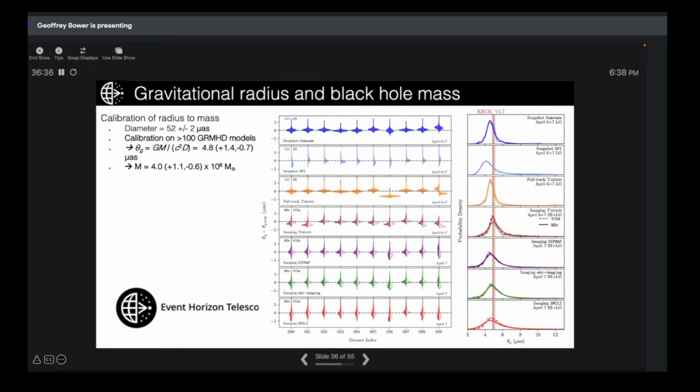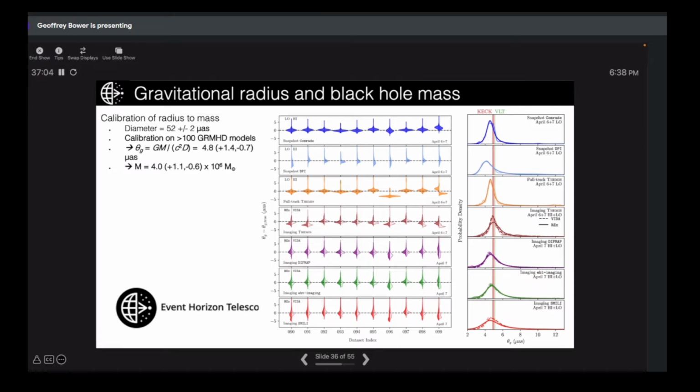How do we get to those? Well, we have to calibrate against real astrophysical models that fold in our uncertainty about accretion, jet formation, and the inclination angle of the system. You see some of the different models that we use here for doing those calibrations.